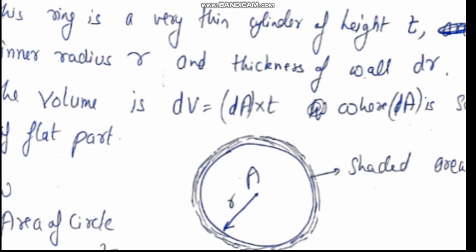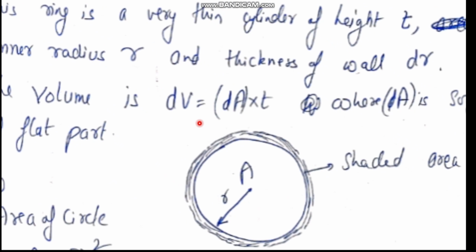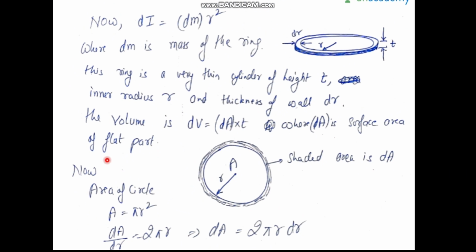Then the volume of this ring can be calculated as dA into t, where dA is the surface area of the flat part. This is the top view of this ring, and this shaded part has area dA, which will be calculated using simple calculus. We know that the area of a circle is pi r square. If we increase the radius of that circle, the area increases.